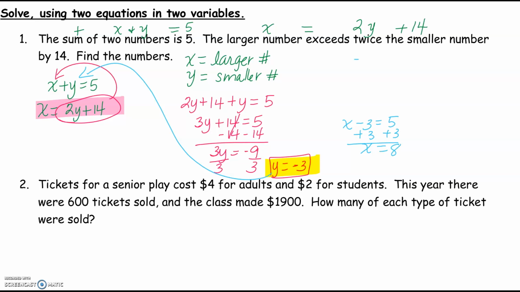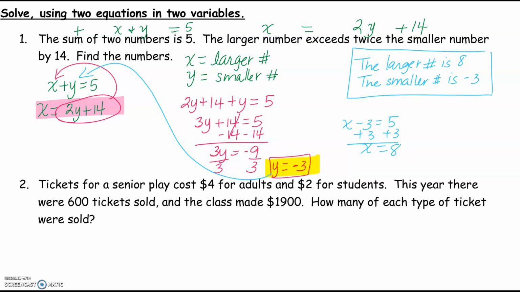So the larger number is 8. The smaller number is negative 3. And if we add those together, we do get 5. So that is true.